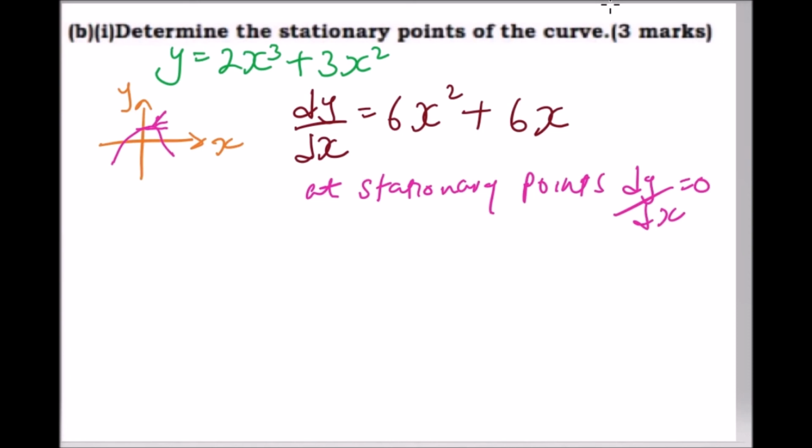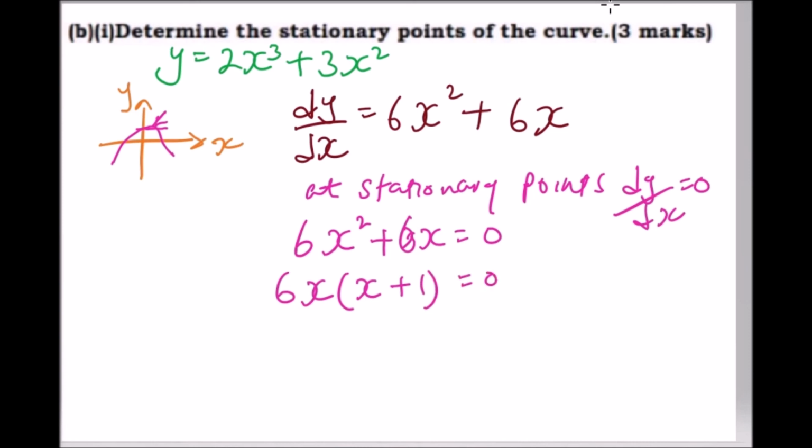Since our dy over dx is 6x squared plus 6x, it means that 6x squared plus 6x equals 0. We can factor out 6x, so inside the bracket we will be left with x plus 1 equals 0. So it means 6x equals 0, or x plus 1 equals 0.